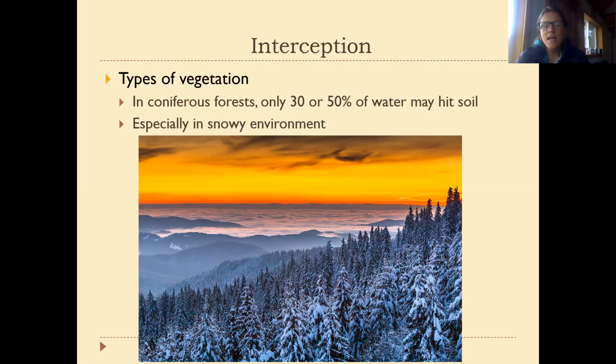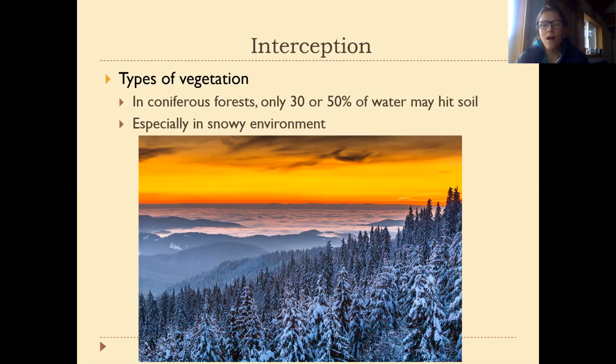Interception is basically the idea that sometimes water doesn't even get down to the ground at all, but lands on a tree branch or even a blade of grass, and ends up landing on the plant and then often returning to the atmosphere without ever having any contact with the soil at all.